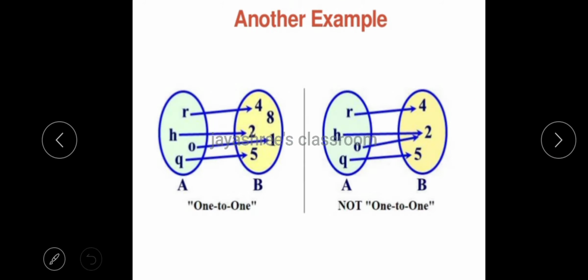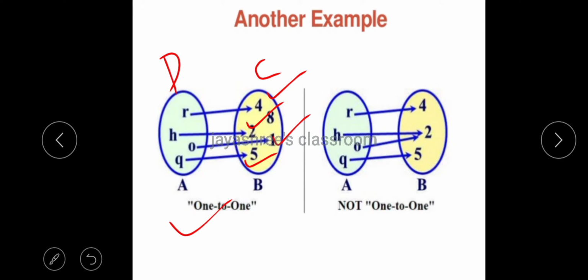Let us consider one more example. In the first example, R, H, O, Q is the domain and the codomain is 4, 8, 2, 1, 5. Here R is connected to 4, H is connected to 2, O is connected to 1, Q is connected to 5.